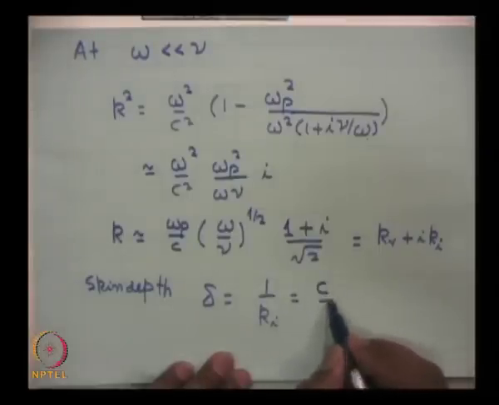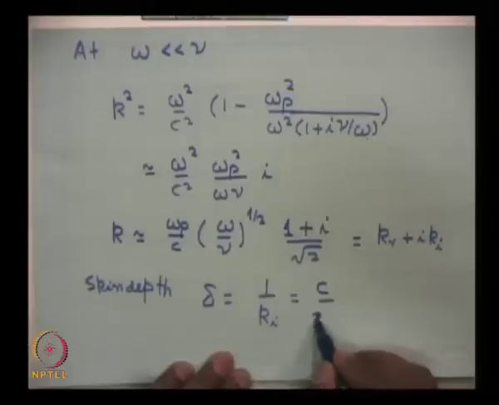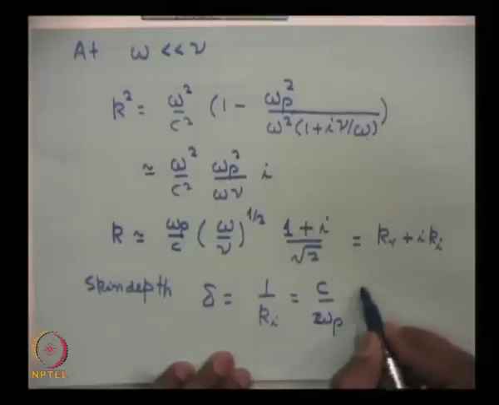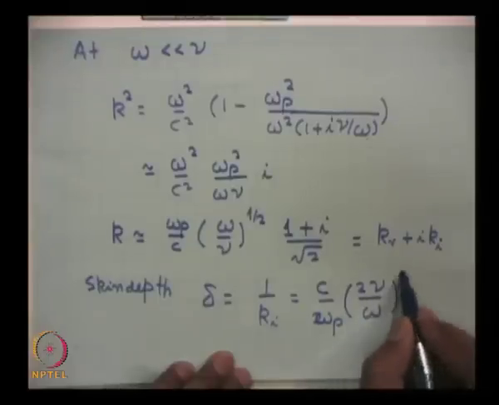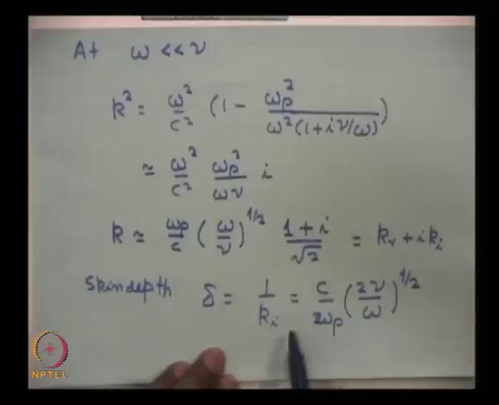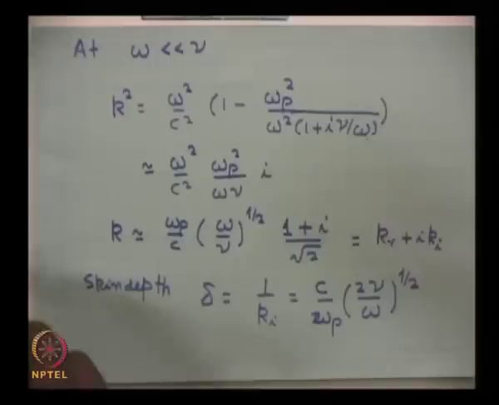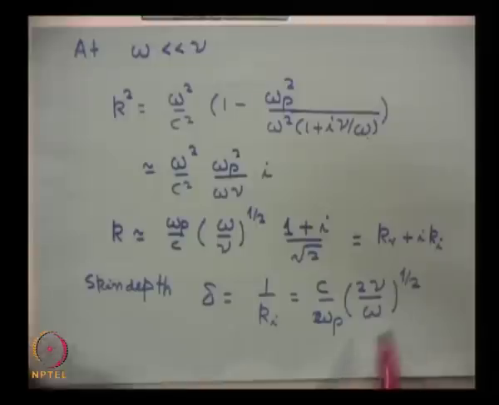that will be equal to reverse of this. So C upon omega p into twice nu upon omega to the power half. The important thing is the dependence of this skin depth on frequency. This skin depth decreases with frequency.